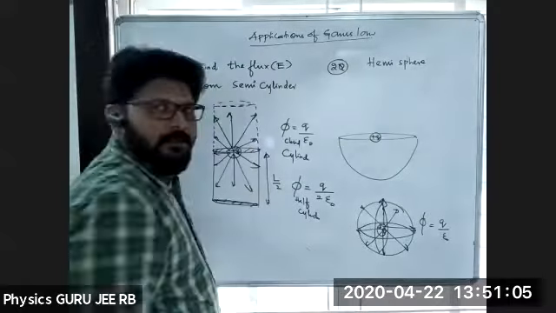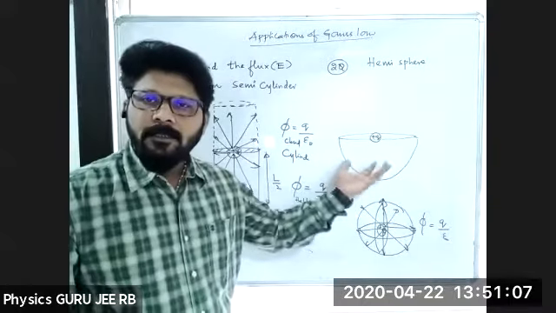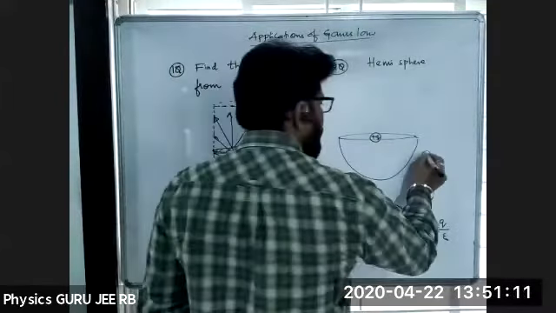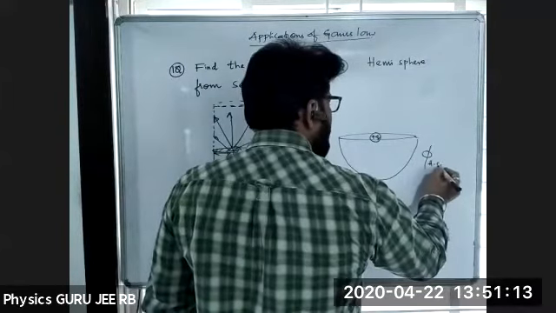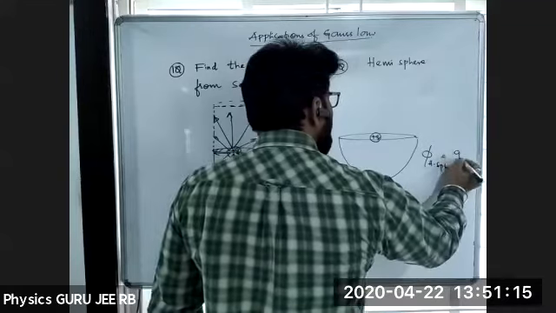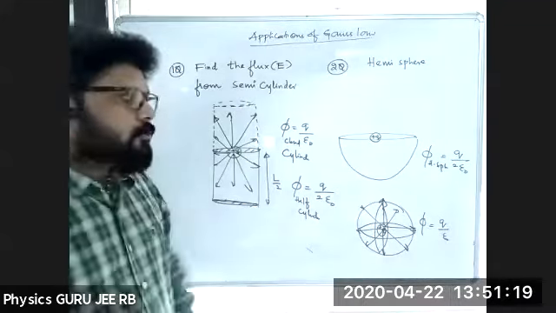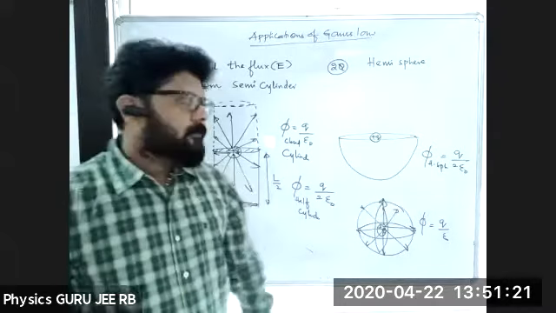This is a closed surface. Now here how much are you getting? Half of it. Yes or no? That can be written as phi through hemisphere equals Q by 2 epsilon naught.